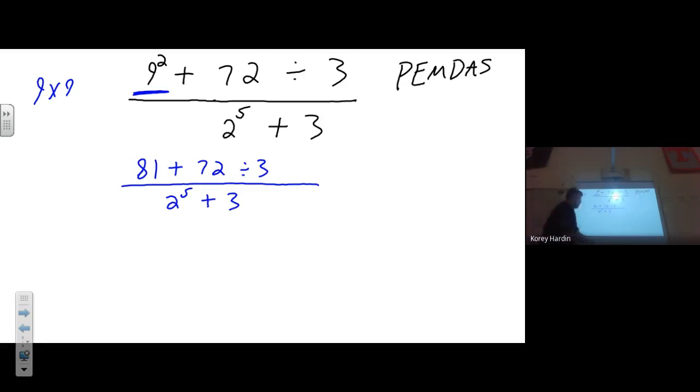Still have exponents. Let's take care of it. 2 to the 5th power is 2 times 2 times 2 times 2 times 2. You've got five 2s. 2 times 2 is 4, 4 times 2 is 8, 8 times 2 is 16, 16 times 2 is 32.